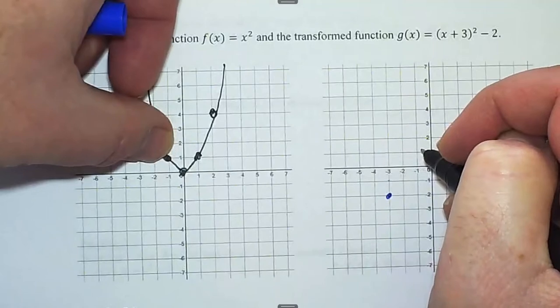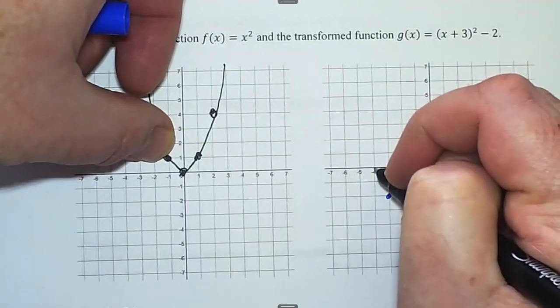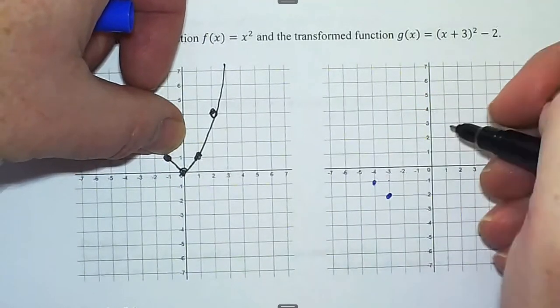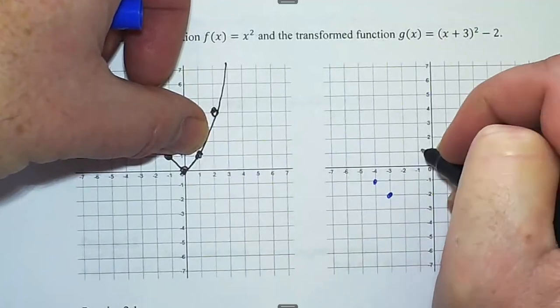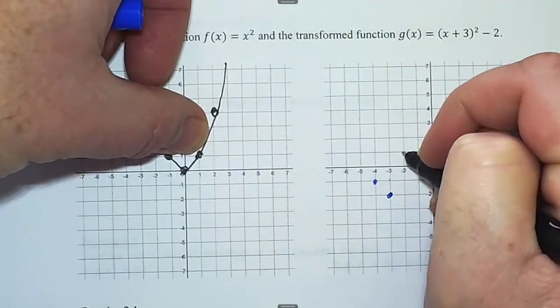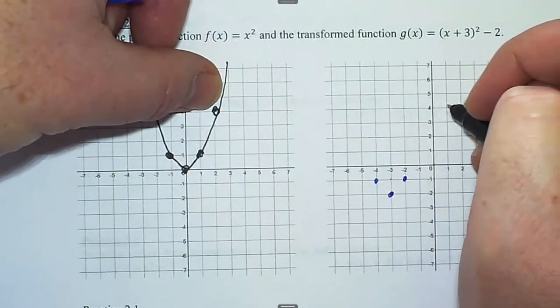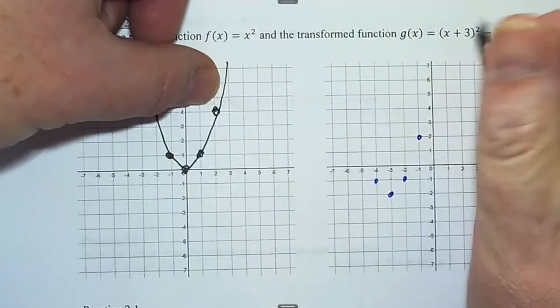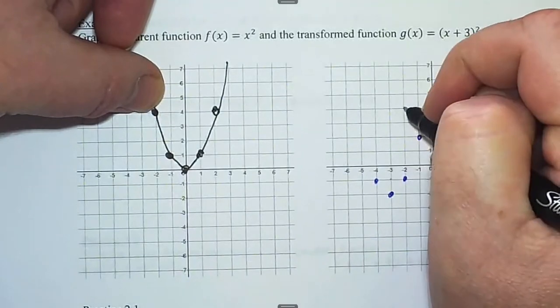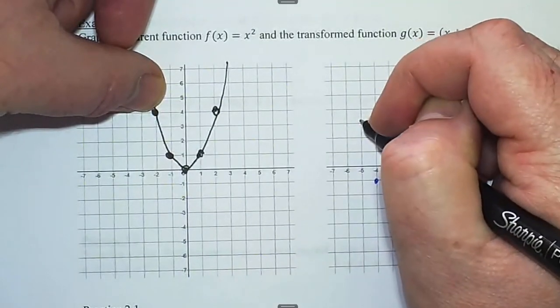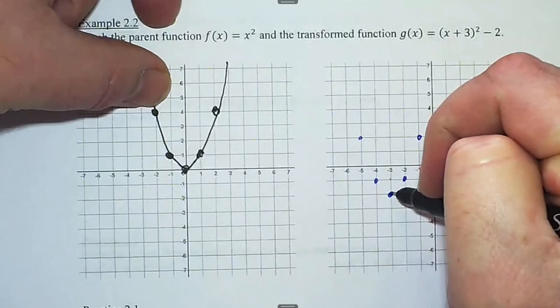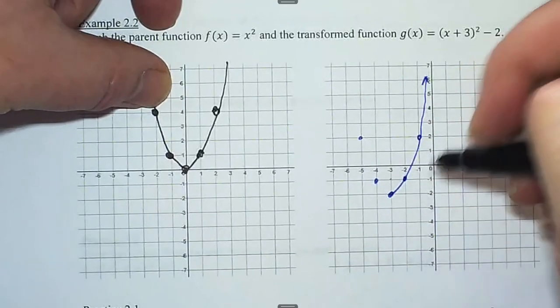Then we'll take that point, move it 3 to the left, and 2 down. We'll take this point, 3 to the left, and 2 down. (2, 4) moves 1, 2, 3, 2 down. (Negative 2, 4) goes 1, 2, 3, and then 2 down. And we'll graph.